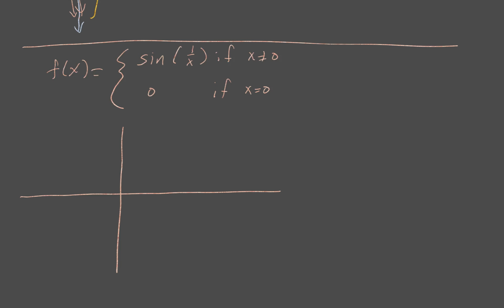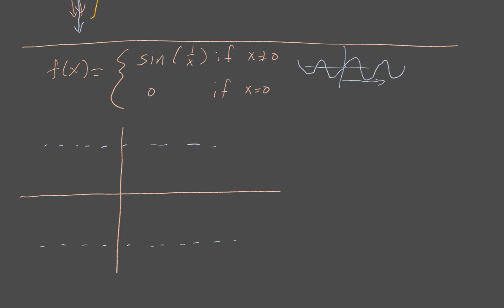So this is the sine function, and the sine function oscillates between positive 1 and negative 1, right? And it oscillates as you put in numbers that get bigger and bigger, right? The sine looks like this.